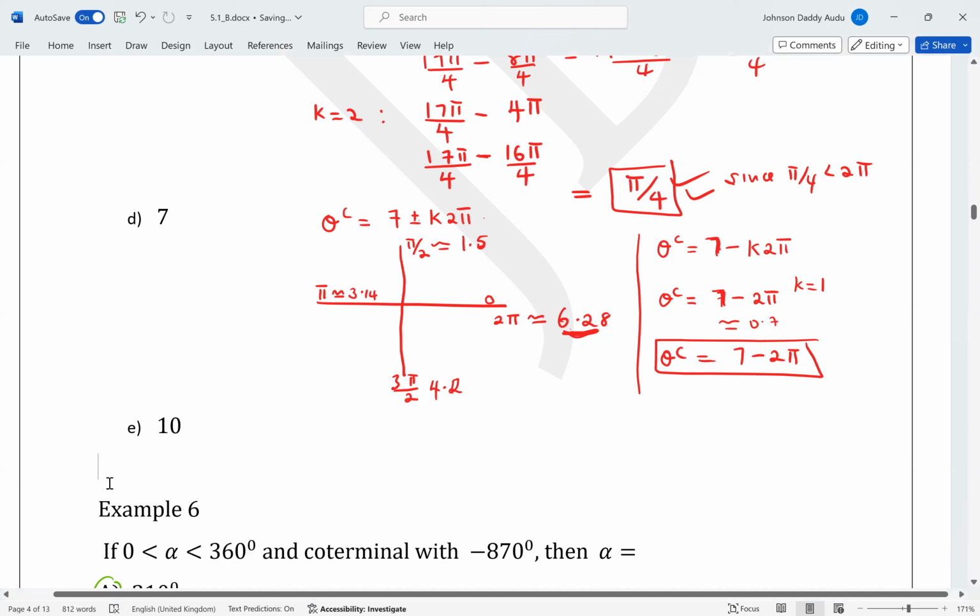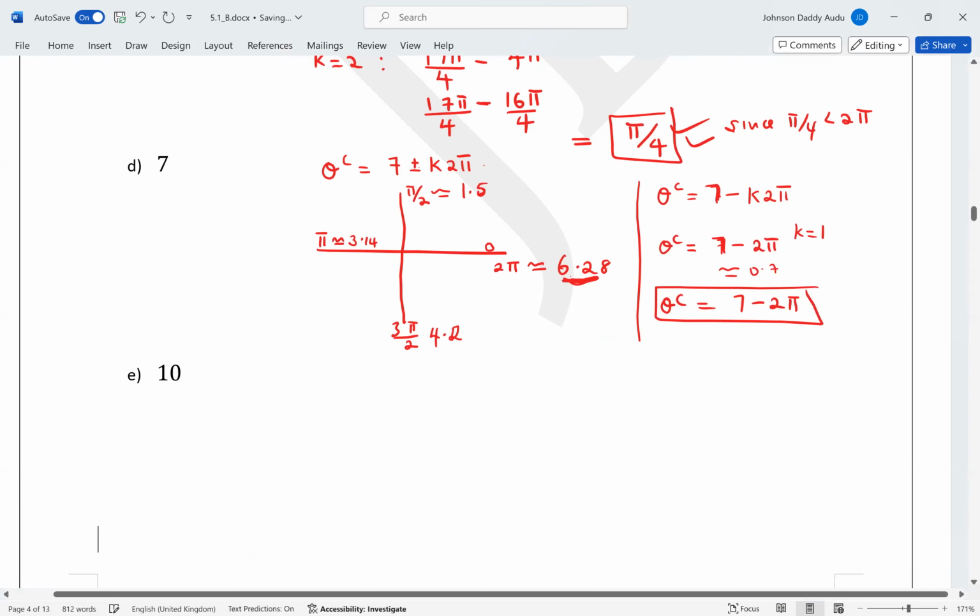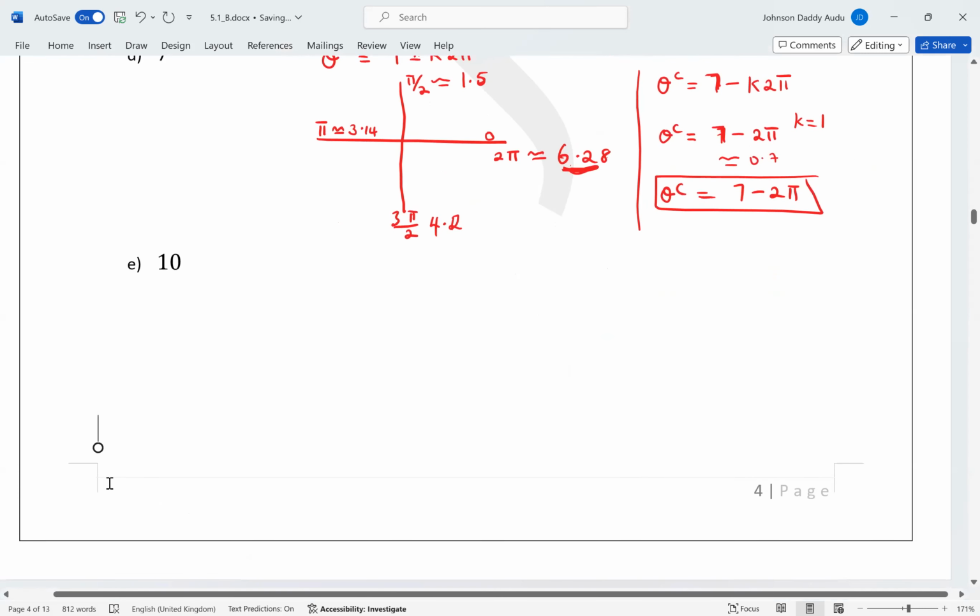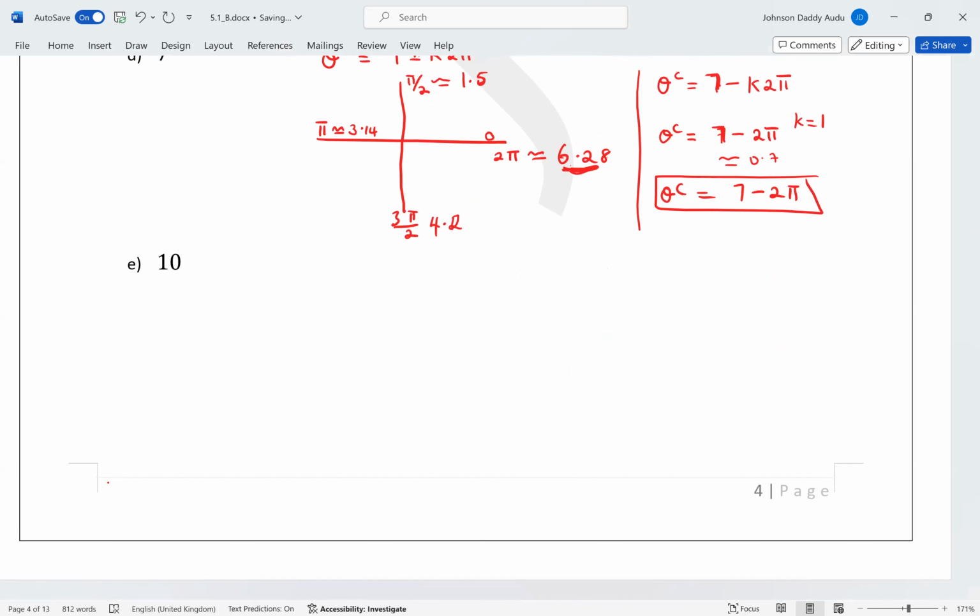So let's do the similar one here. And this is 10. So for 10, we're going to do the same thing. The coterminal is going to be 10 plus or minus k2 pi. But we know 10 is going to be bigger because we're using the same pi over 2 here, pi, which is approximately 3.14, and 3 pi over 2, which is approximately 4 point something.